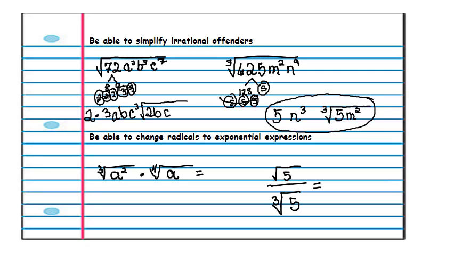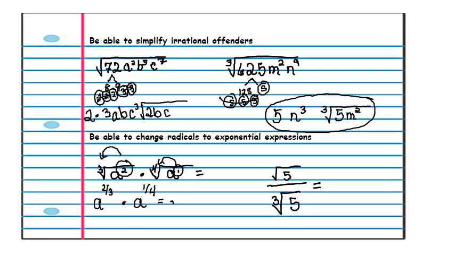Be able to change radicals to exponential expressions. Remember, it's inside power over outside index. The deal here is to change it so that we have same bases and we can use the exponential rules. 2 over 3 times a 1 over the 4.